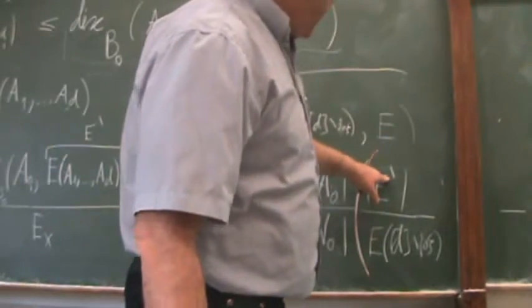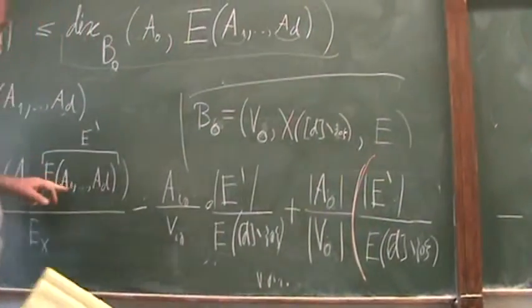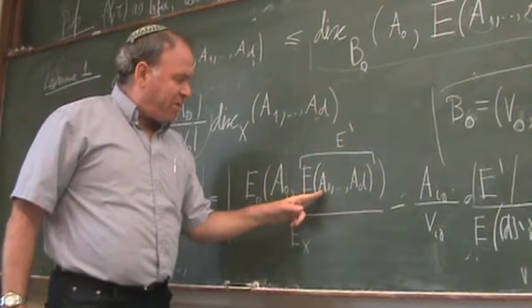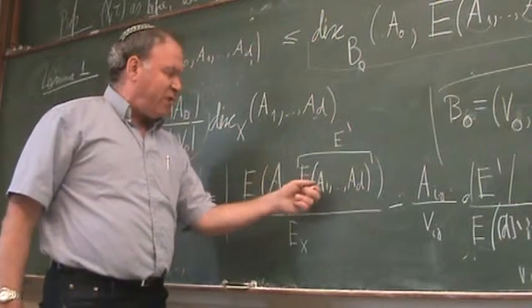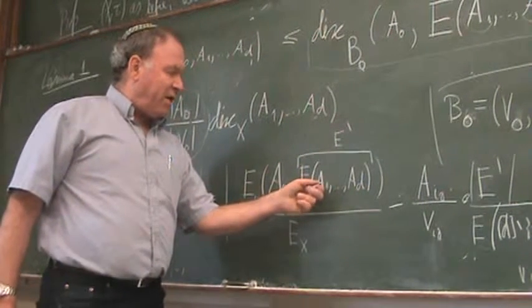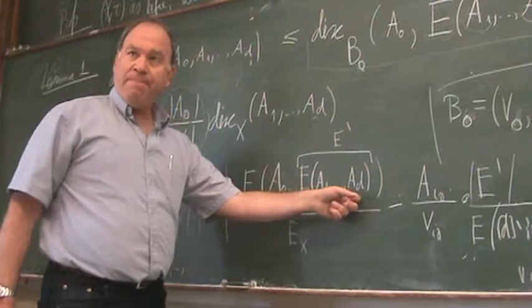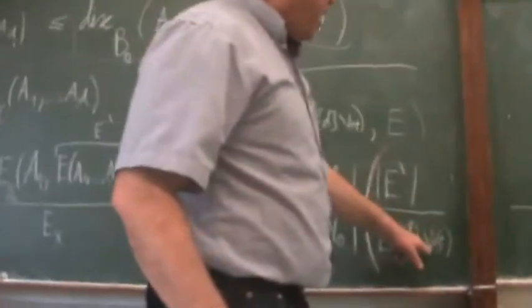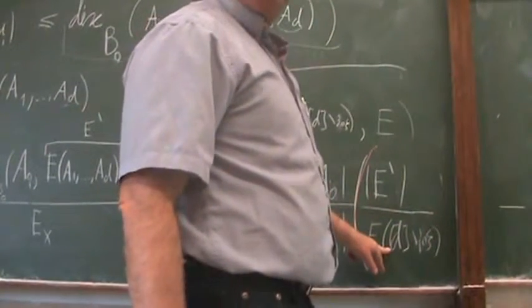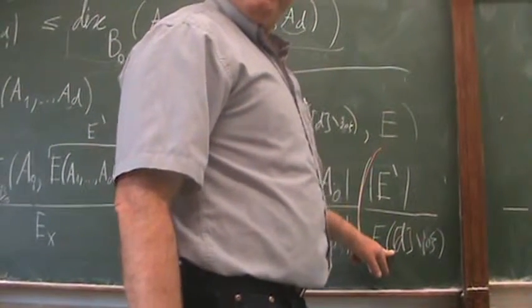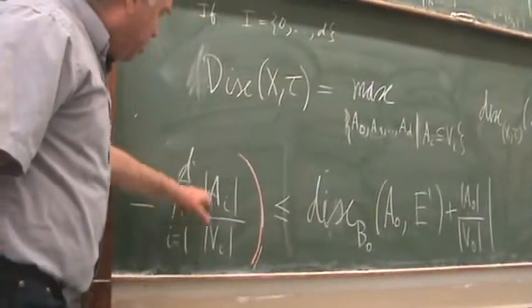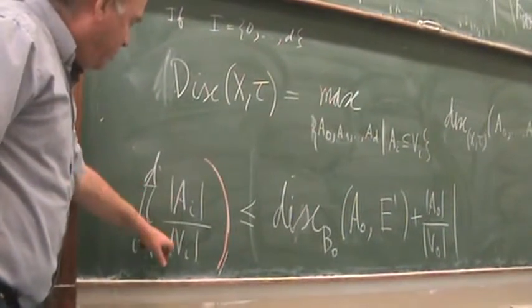And E prime is exactly the faces with colors 1 up to D, such that the points are in A1 up to AD, divided by the total number of these types of faces, minus the expected value of them, which is exactly this one.